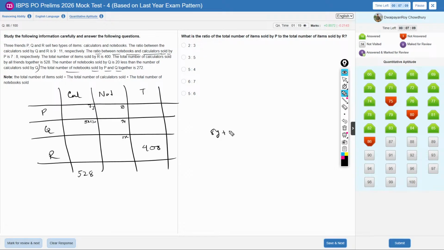So 27. Okay. I will get this one as 5 to 8 minus 6 minus, okay, 7y plus 9x plus 20. This will be this plus 11x is going to be this.